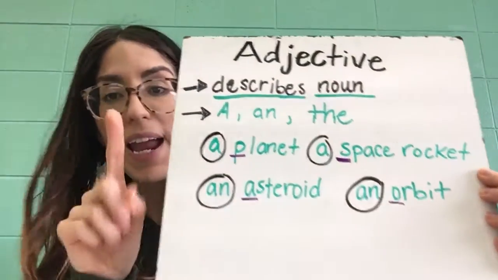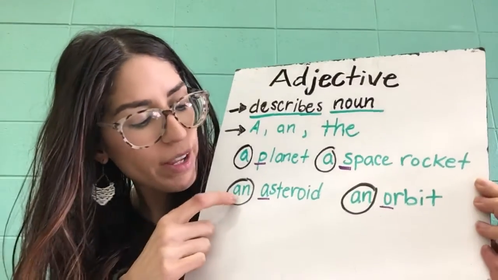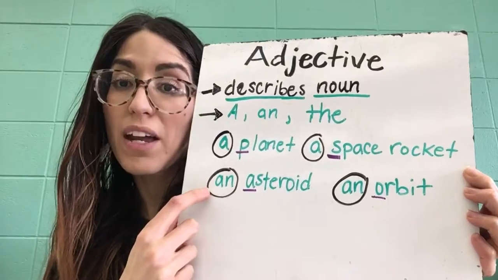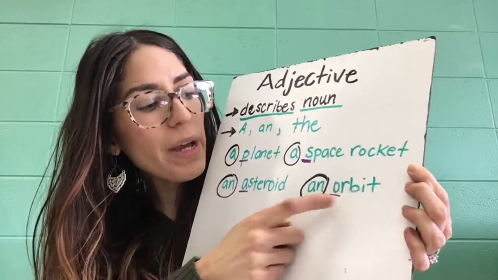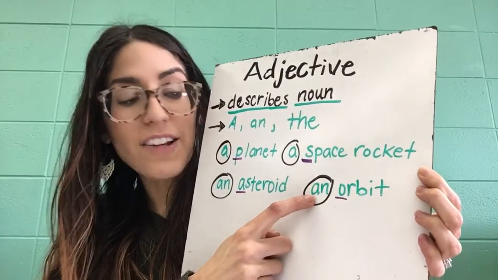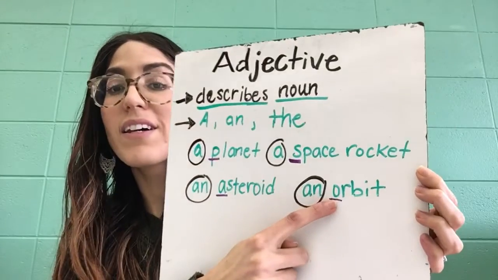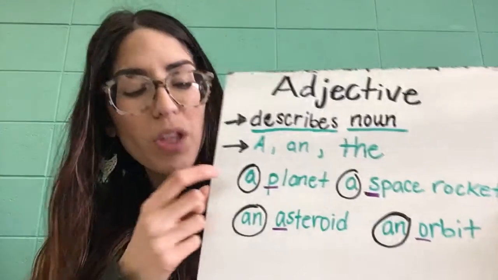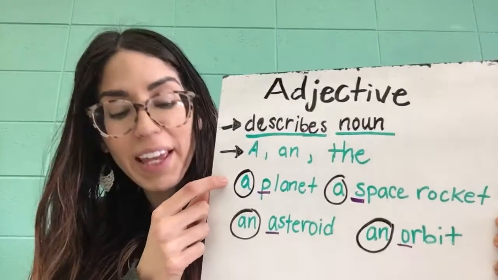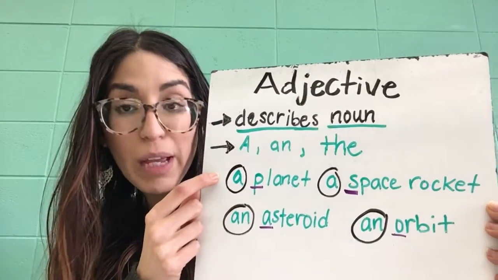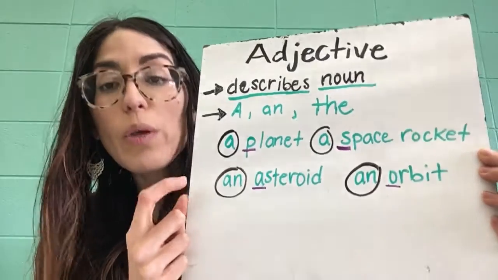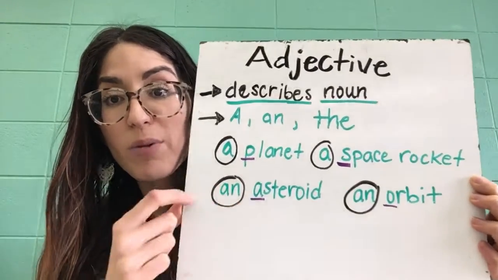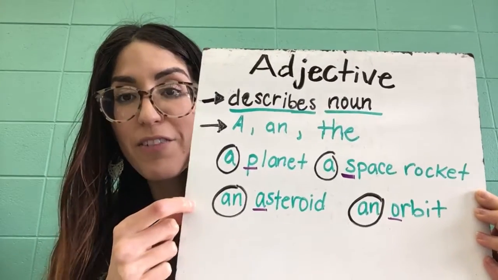We know our vowels, A, E, I, O, U, right? So an asteroid. A is the vowel, so we use an. An orbit. O is the vowel, so we use an. A for consonant sounds, an for vowel sounds.